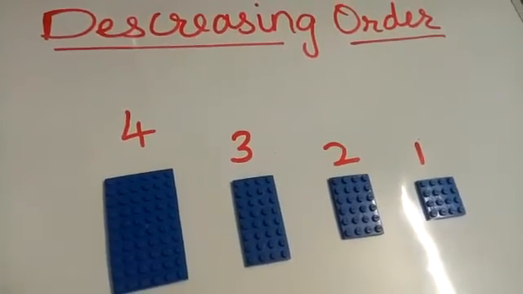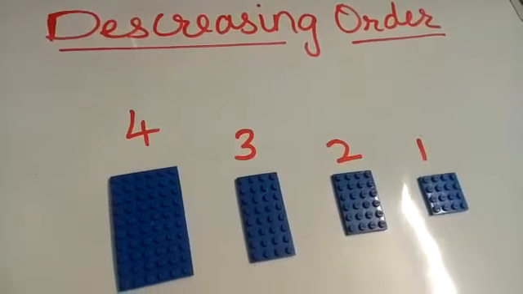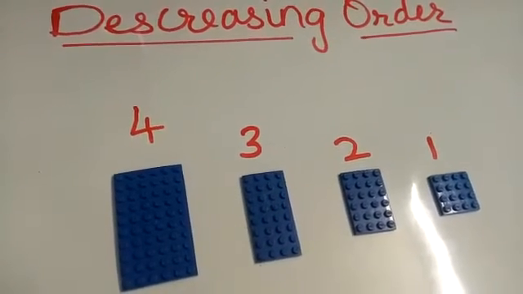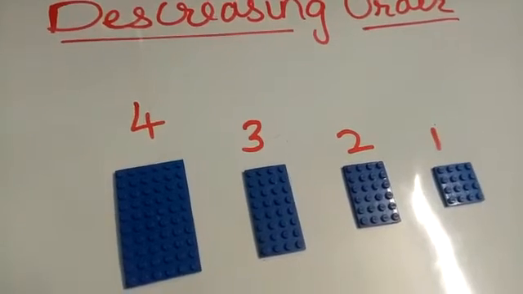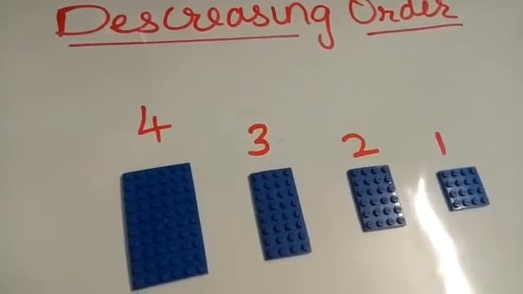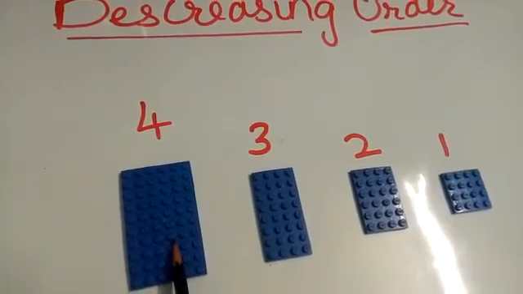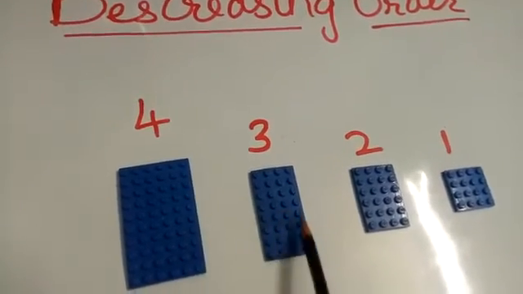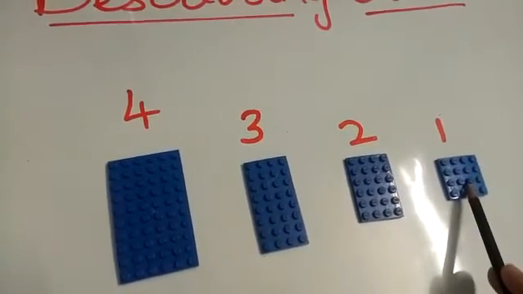Come on, now let's learn about decreasing order. Decreasing order means, yes, from bigger to smaller, from larger to smaller. Now you can see here, first is bigger, then a little smaller, and the smallest one.